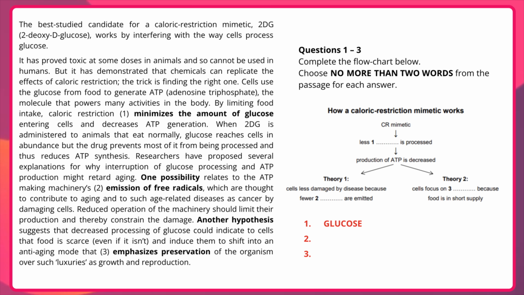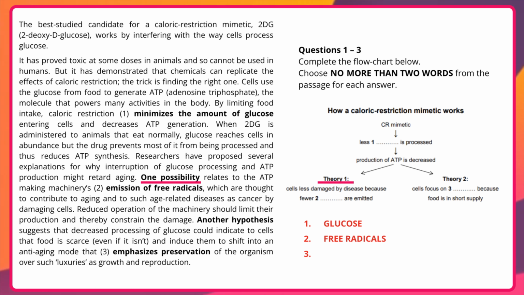Now coming to theory 1. The question is cells less damaged by disease because fewer dash are emitted. Fewer free radicals. Now if you just go to the passage, I have clearly mentioned one possibility relates to the ATP making machineries.